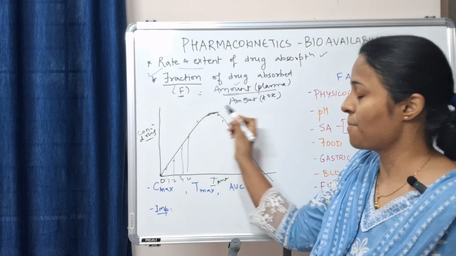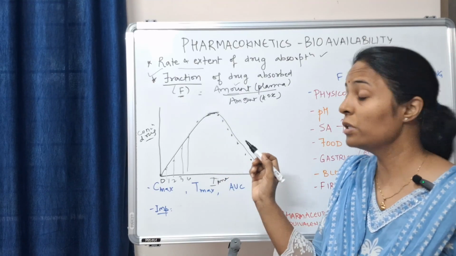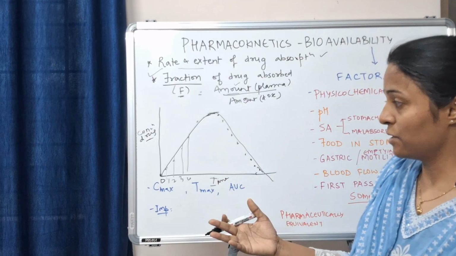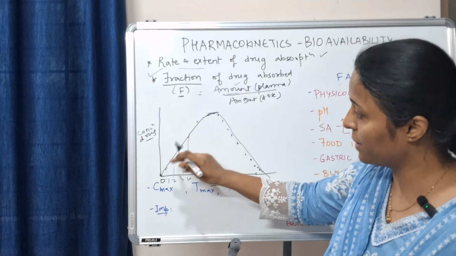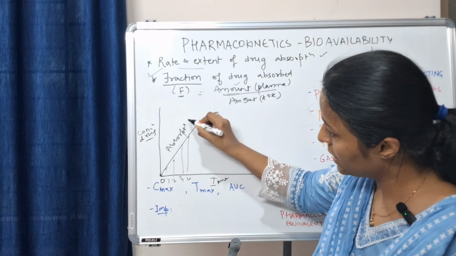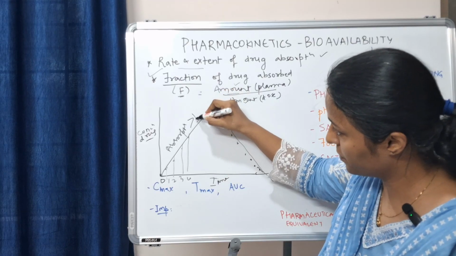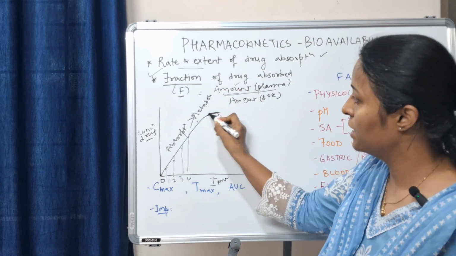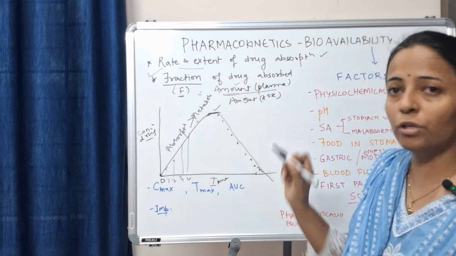Then it will reach a maximum and then the concentration will start falling because the body will start metabolizing it as well. Okay, so here the rate of absorption is more than the rate of the metabolism, or the excretion of the drug, we can say. Right? Here, rate of absorption becomes equal to the rate of metabolism.